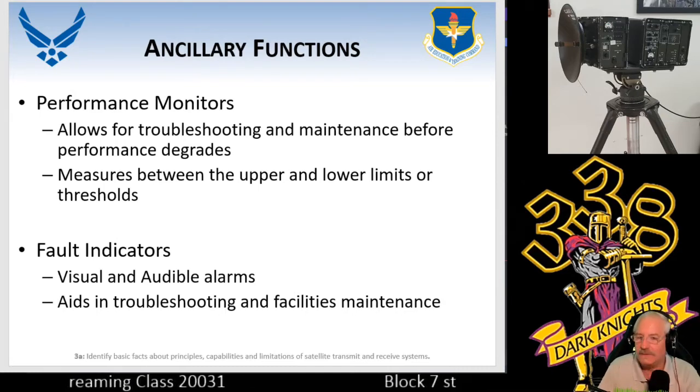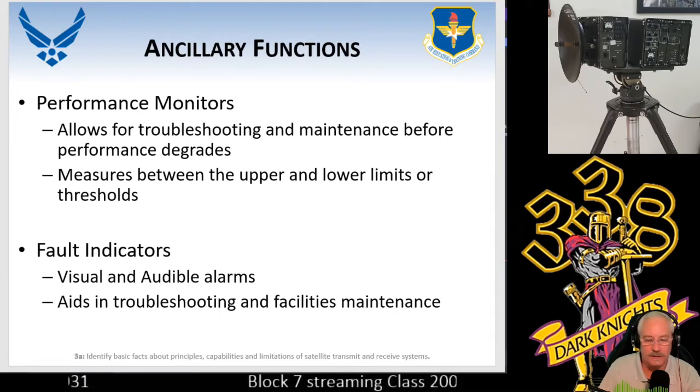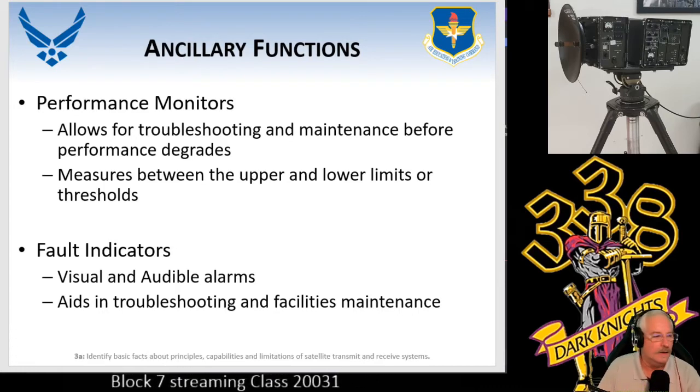And of course, that's your visual inspection. Fault indicators are wonderful, and you're probably going to rely on some of this information when you get to the TISR, because if you're having problems communicating to the distant end, your fault indicators as well as your performance monitors are going to give you an indication where the problem lies.